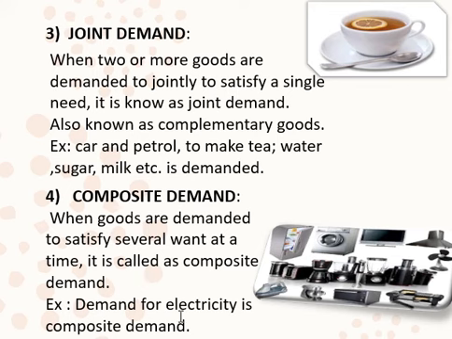Electricity is used to run your TV, washing machine, fridge, mixer grinder, fan, AC, microwave, and whatnot. That means electricity has composite demand because it satisfies various wants of a human being.